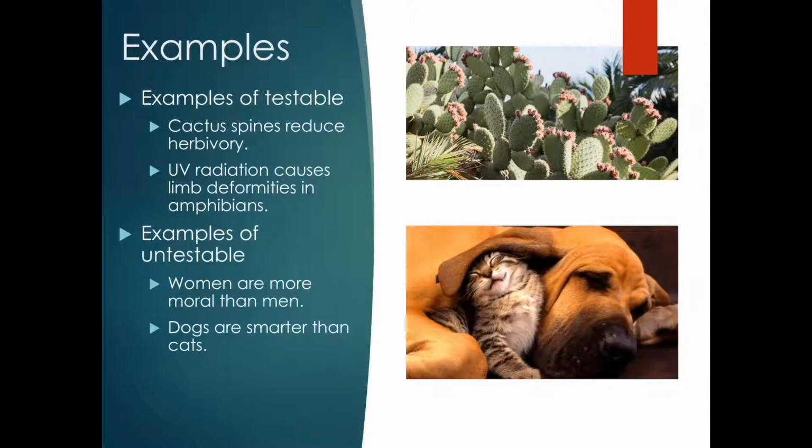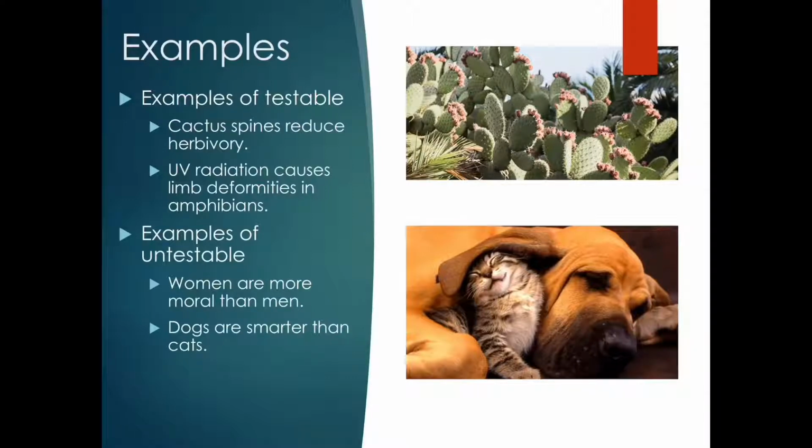With the cactus, we could remove all the spines from the cactus and see if that increases herbivory or not. With UV radiation, we could subject different amphibians to different amounts of UV radiation and see if that affects their limb deformities or not.